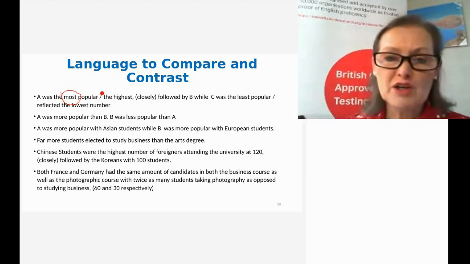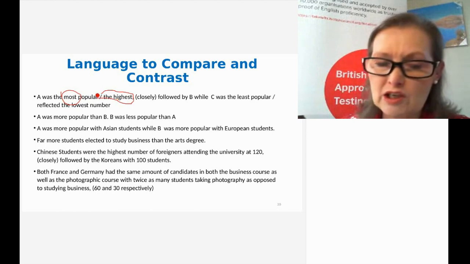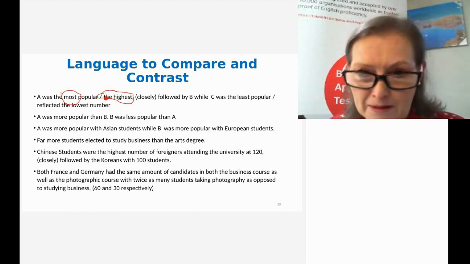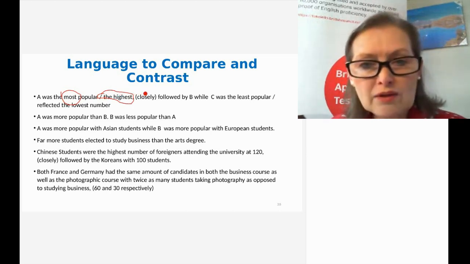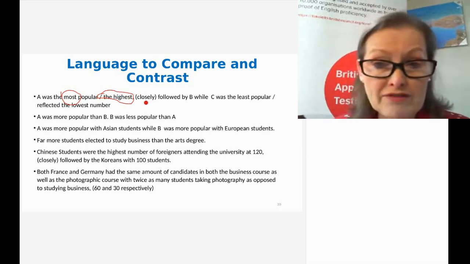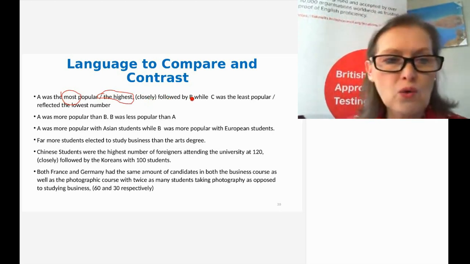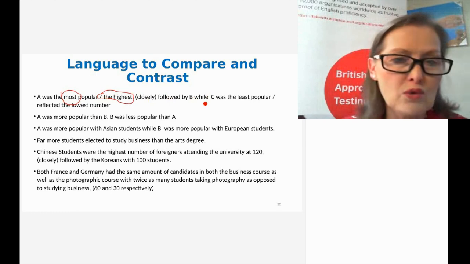Closely followed by, now sometimes the figures will be fairly close. If they're not, you could just simply say followed by B. Okay. While, or on the other hand, or however, C was the least popular, or reflected the lowest number or the lowest sales.